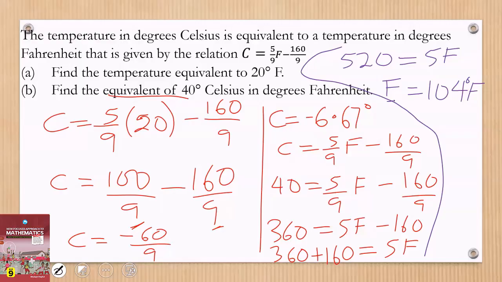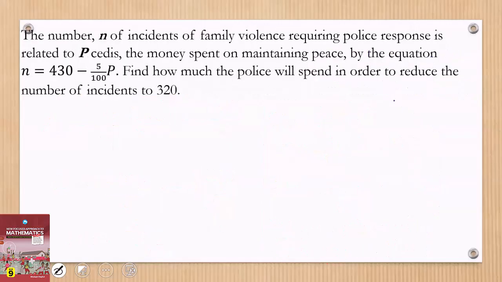Let's take another example and see. Here we have the number N of incidents of family violence requiring police response, which is related to P, the money spent on maintaining peace, by the relation given as this.